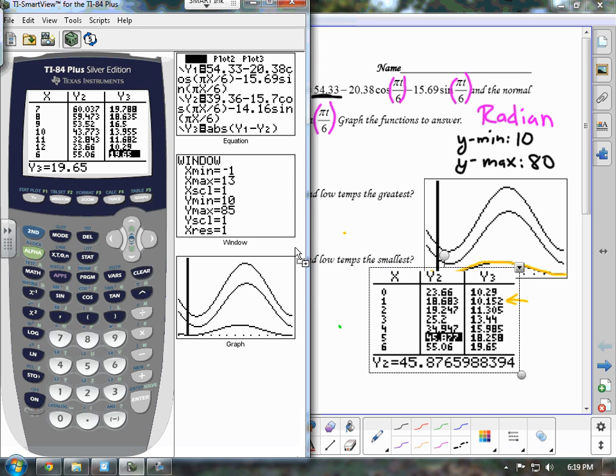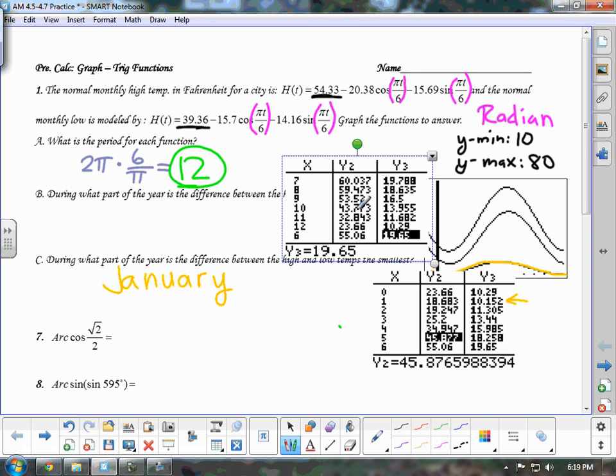And so then your other ones here, 19.78 is the largest difference. Here the largest difference is 19.69 or 65. So this month would be the one you would want, which is the 7th month of the year, and that is July. And that is how you find those things.